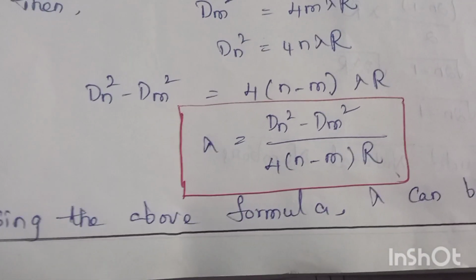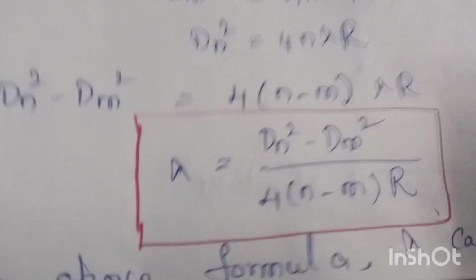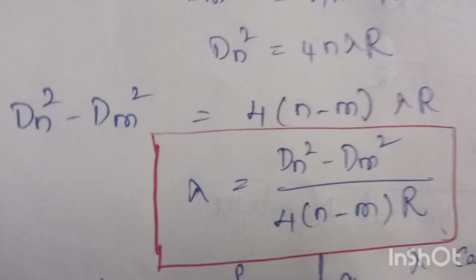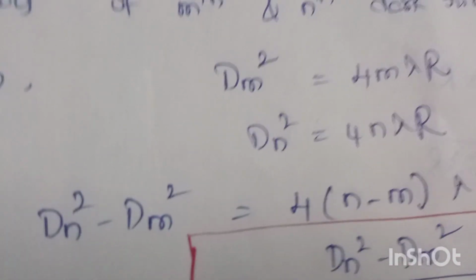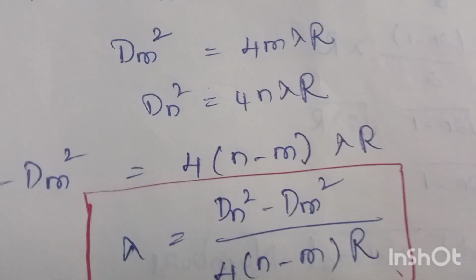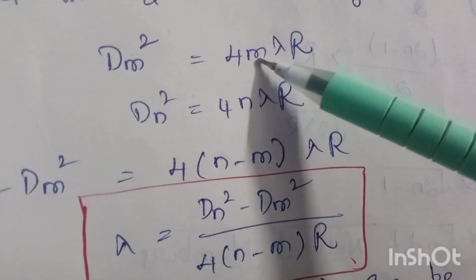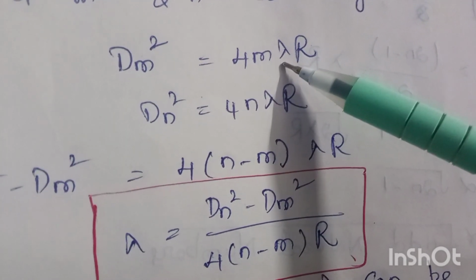The wavelength of the light source can be determined by measuring the diameters of the various rings. Here we can consider the diameters of the dark rings only. Let capital R be the radius of curvature and lambda be the wavelength of the light source.